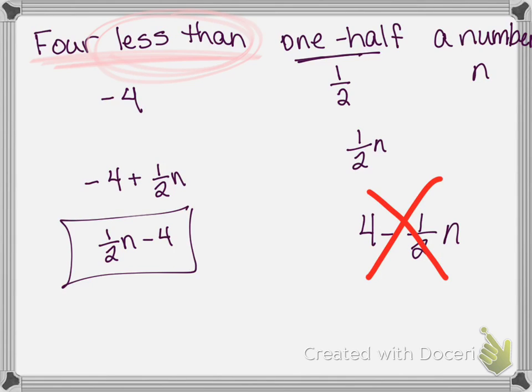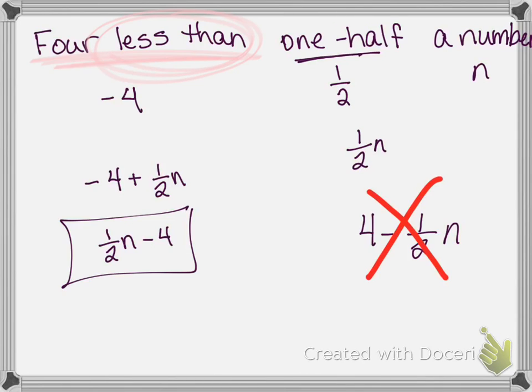Okay. Does someone have number 11, the words? Okay. Can you tell me what it is? 10 times the difference of a number and 6. Thank you very much. 10 times the difference of a number and 6.